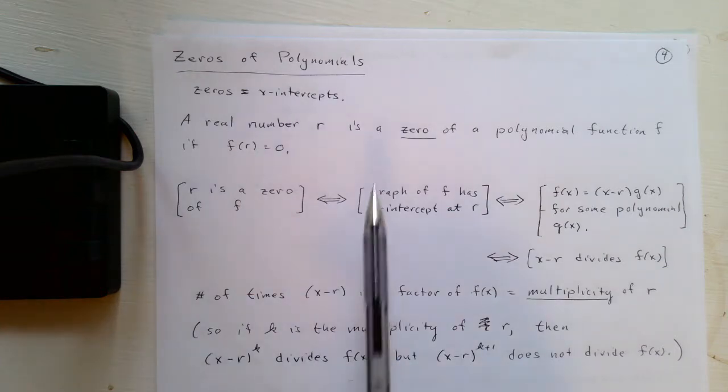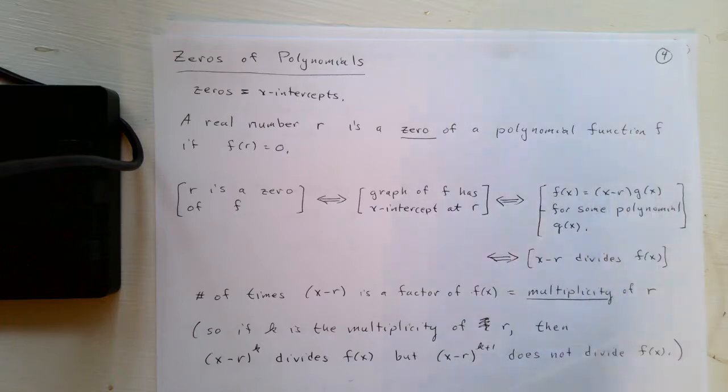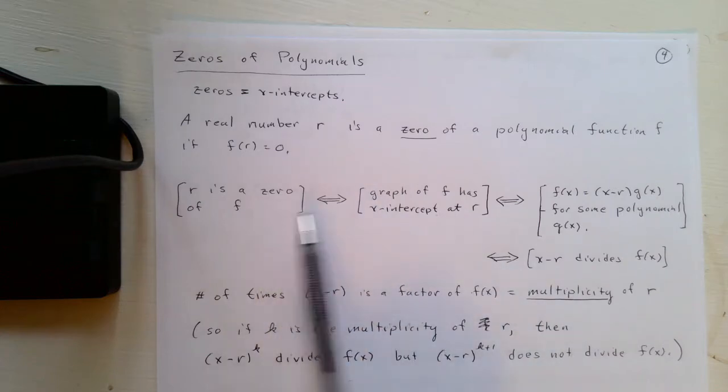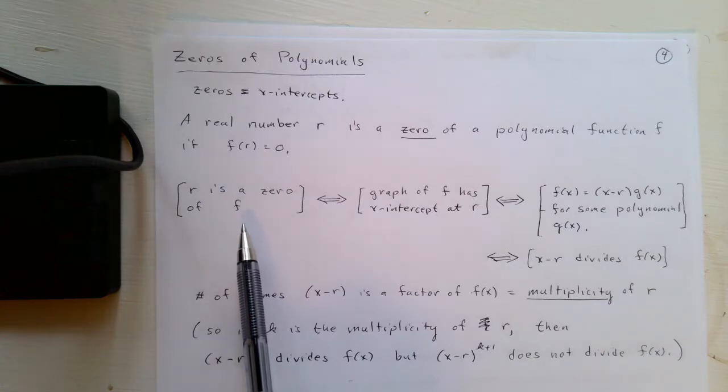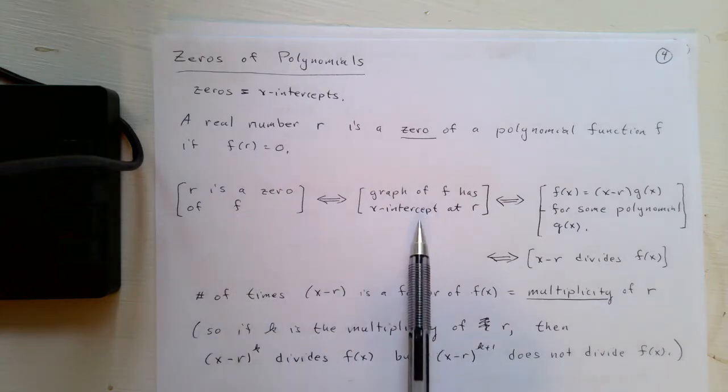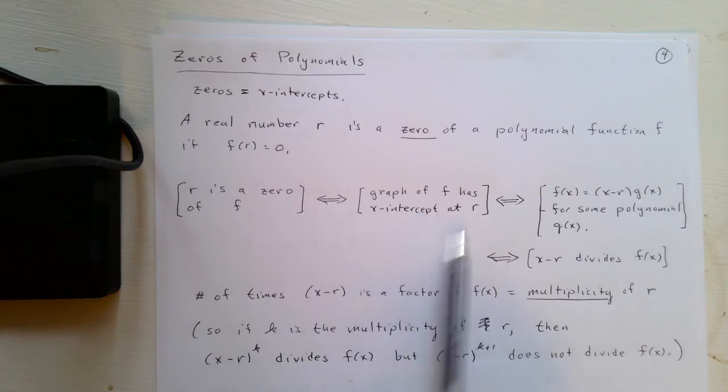So a real number r is a zero of a polynomial function f if f of r equals 0. Now there are 4 conditions which are equivalent. That means if any one of these 4 conditions is true, then the other 3 are true as well. So if r is a 0 of f, that means the graph of f passes across the x-axis at r.